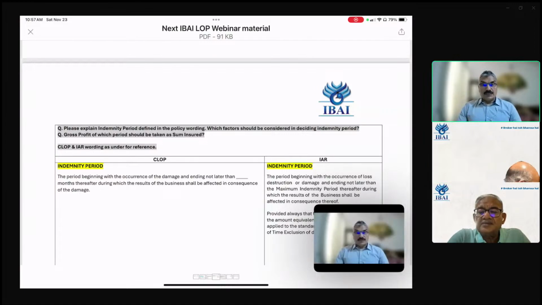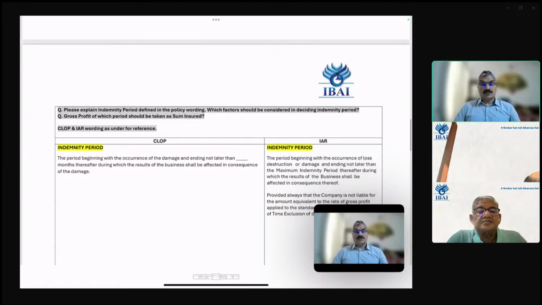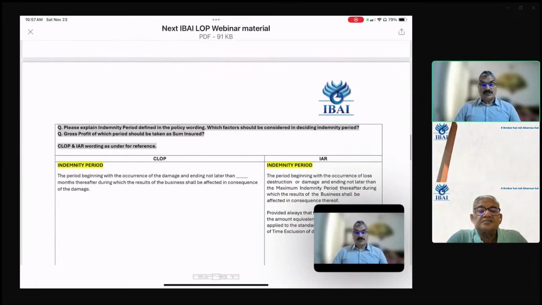All you need to look at is what the definition says. The definition says the period during which the results of the business were affected. That is all you need to look at. So you need to look at the balance sheet for the period corresponding to the indemnity period and see how long the business was affected. That is your indemnity, and there is a cap.